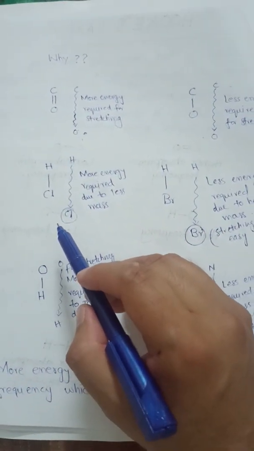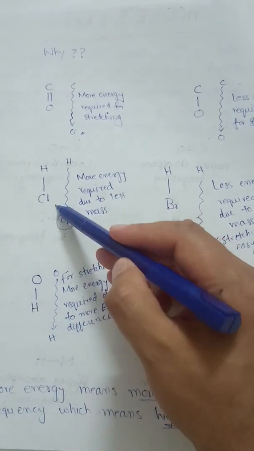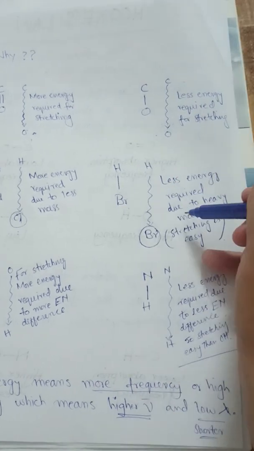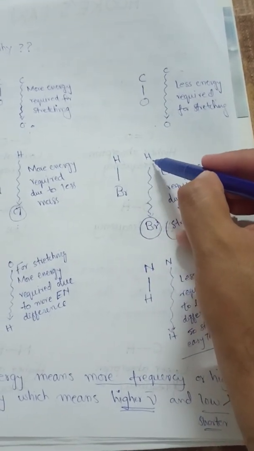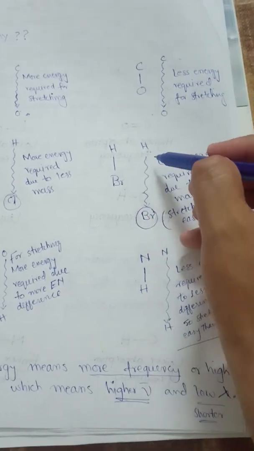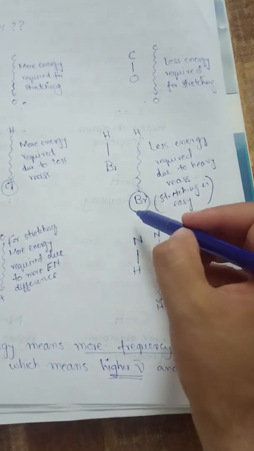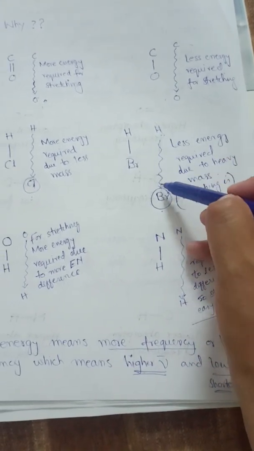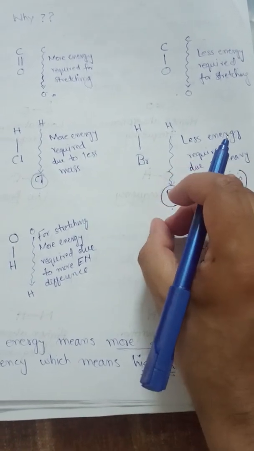Now we are going to take an example of the mass. Here we have hydrogen chloride and this is hydrogen bromide. So here mass is greater. If we consider that this hydrogen is present here and it is stretched with the spring, and here we have the weight of the bromine, it will be stretched more and we require less energy to stretch this.